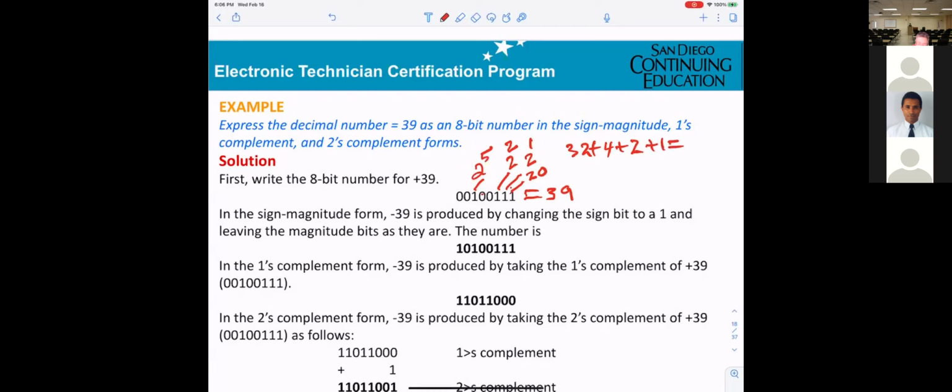If you add 32, 36, 38, 39. So normally you have to do that all the time. Your calculator also helps you: if you enter the binary, it can tell you the decimal.